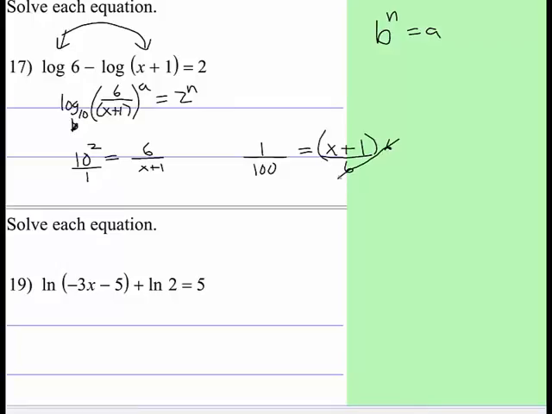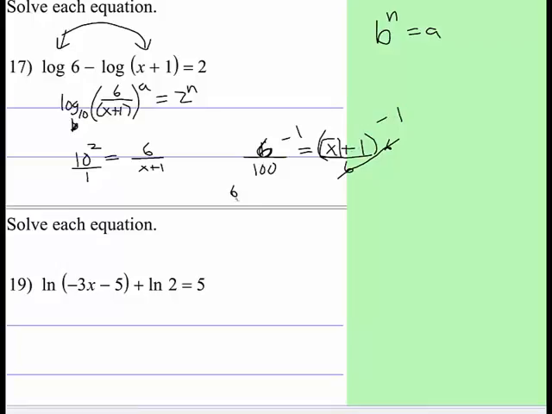Well, let's cancel the 6's by multiplying both sides. We multiply this side by 6. 1 times 6 is 6. Okay, and now we need to get this x by itself. So what's the opposite of adding 1? Yep, subtracting 1.